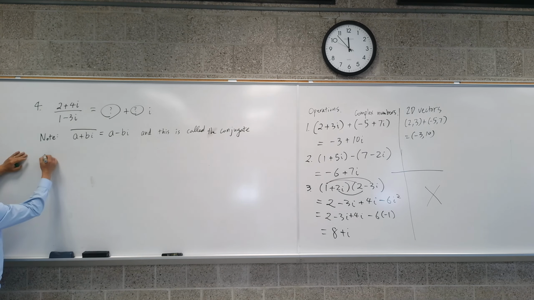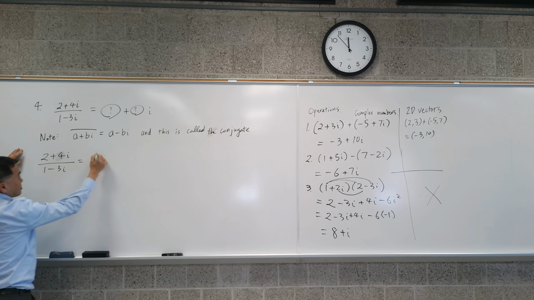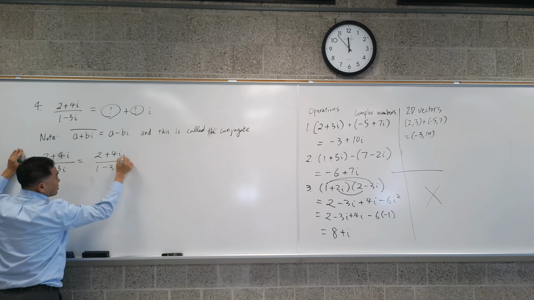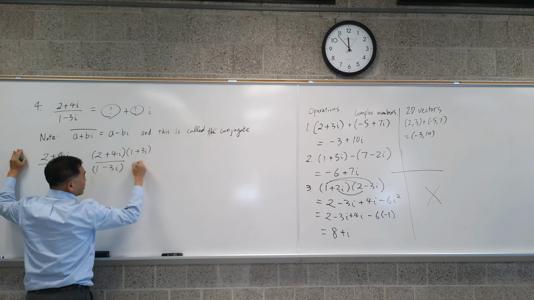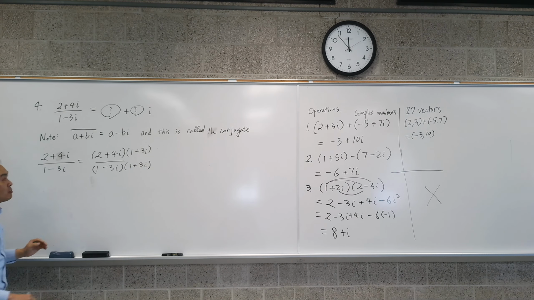bottom. So we take 2 plus 4i over 1 minus 3i and say this is same as 2 plus 4i over 1 minus 3i. You multiply 1 plus 3i, you multiply 1 plus 3i, top and bottom, because what's a conjugate?